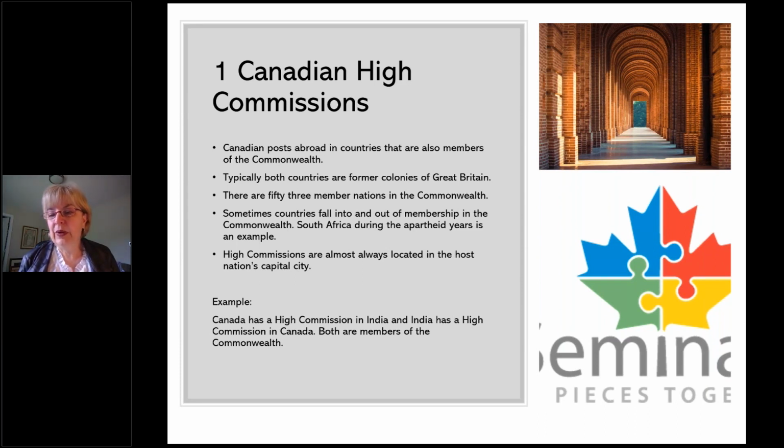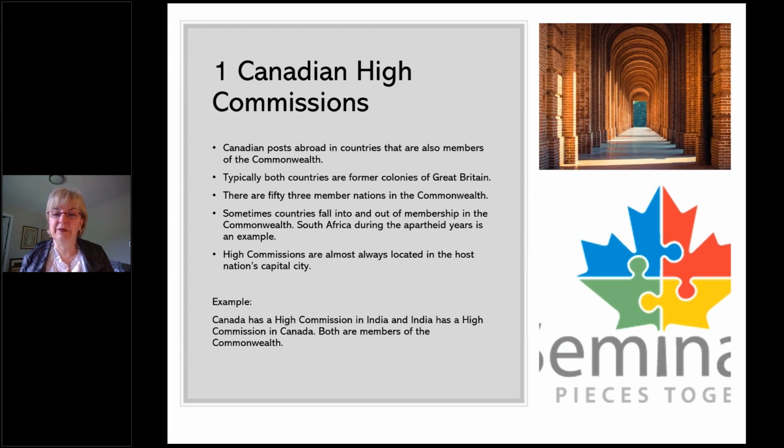And later, when they abolished apartheid and they wanted to rejoin some of the organizations that they'd been members of internationally previously, they were allowed to rejoin the Commonwealth, and their embassies suddenly became high commissions again. As you can imagine, that was a little chaotic.